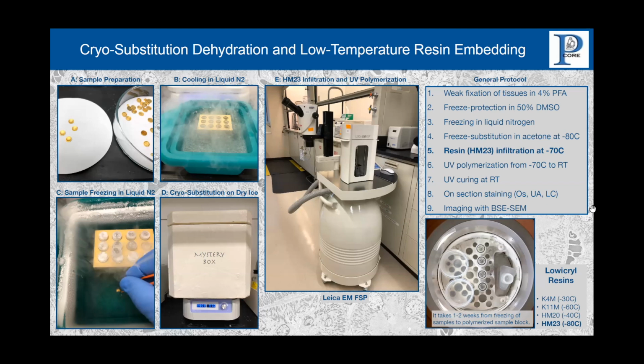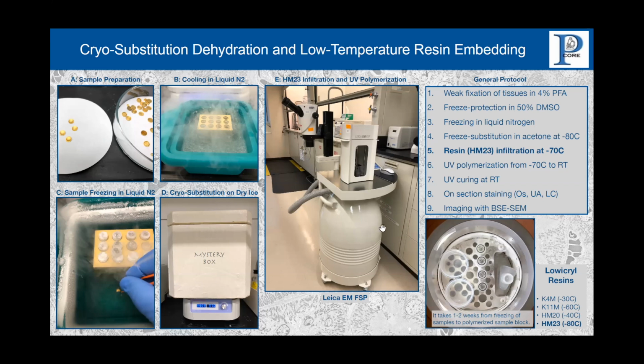Now, we usually start with lightly fixed samples. We freeze protect them in DMSO, we freeze them, and then we usually use freeze substitution in acetone, and we may add a low amount of uranyl acetate. A lot of this procedure follows the protocol that Kent McDonald has published in his quick freeze substitution paper.